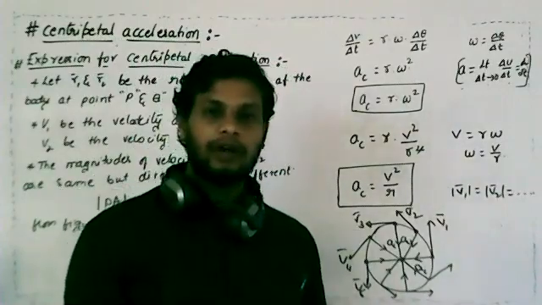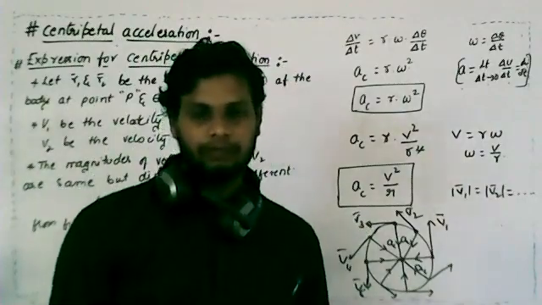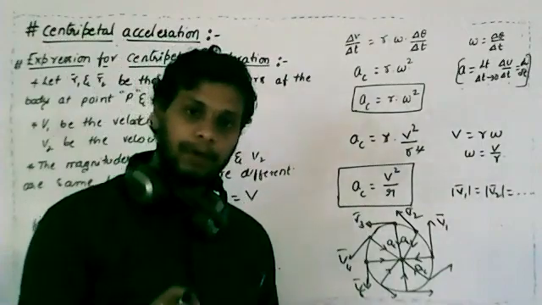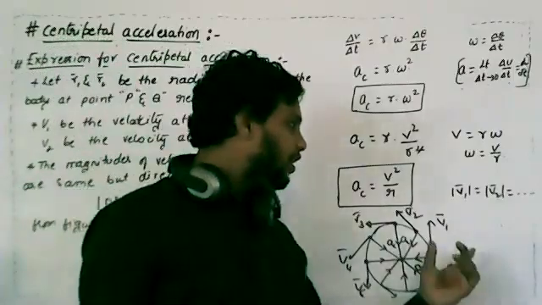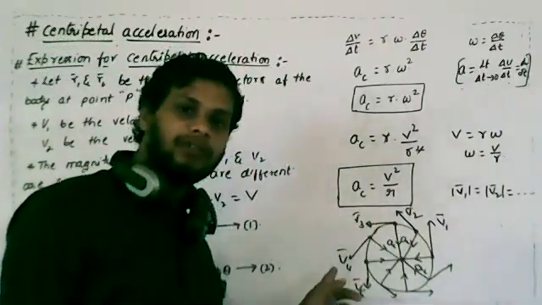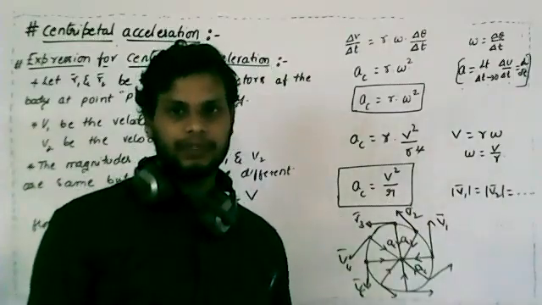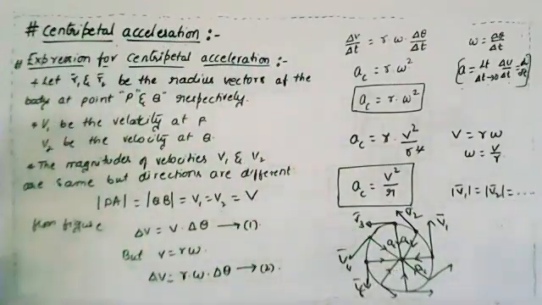Okay. Why? Because velocity is taken as magnitude plus direction. Velocity is a vector. Therefore, velocity is taken as magnitude plus direction. Are you clear? So therefore, we can say that magnitude of velocity remains constant, whereas direction changes. So this is about the centripetal acceleration. Clear? Centripetal acceleration.